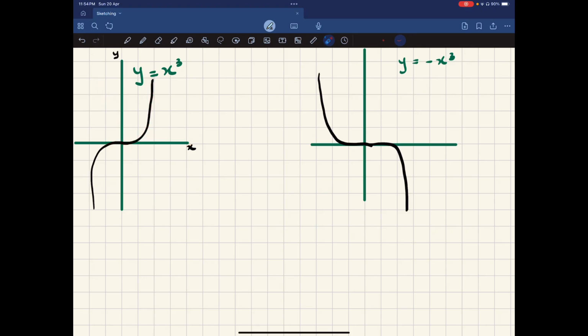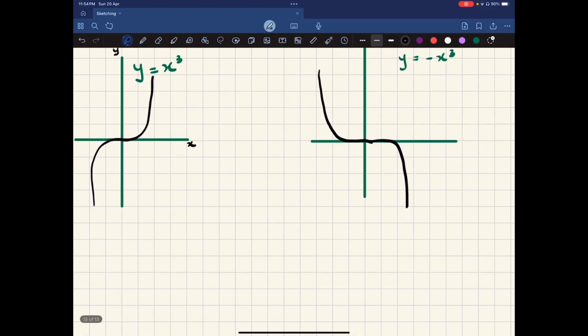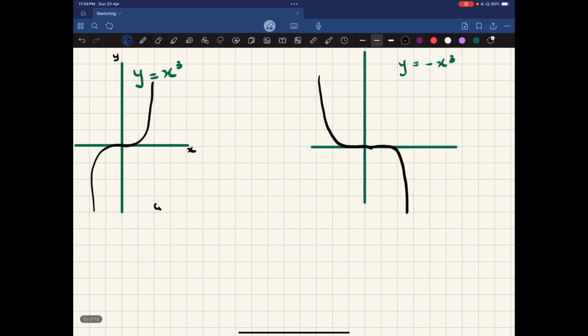So how do you read it? You read this as a maximum minimum graph. And what about this one? The second one is going to be a minimum maximum curve. Okay, so now you need to memorize that in cases where the coefficient of x cubed is positive, we will have a maximum minimum graph.